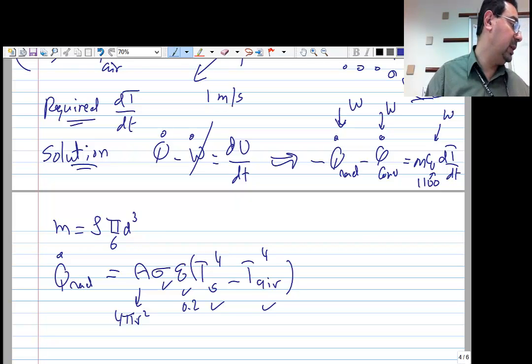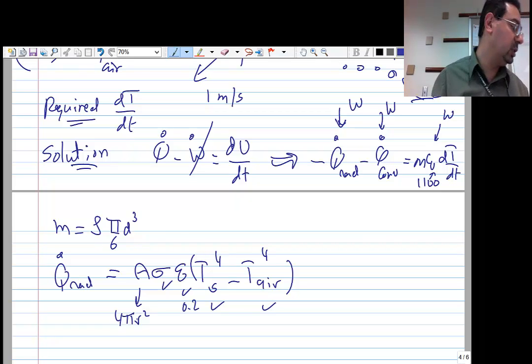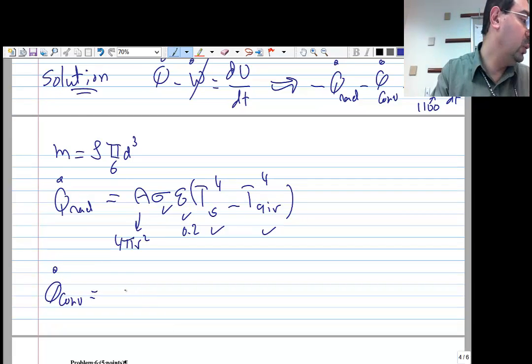Now all we need is the Q convection. That's forced convection on a sphere.